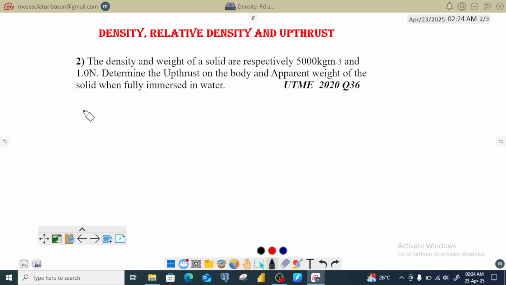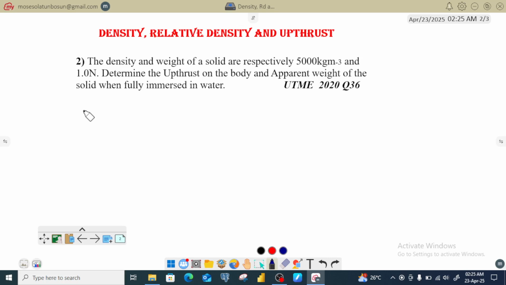They experience apparent weight loss due to the upthrust of that fluid that is acting on them. If you can recall, the upthrust is a force that is acting in a fluid that causes an apparent loss in weight to every object immersed in that fluid. And in this case, the fluid we are considering here is water.